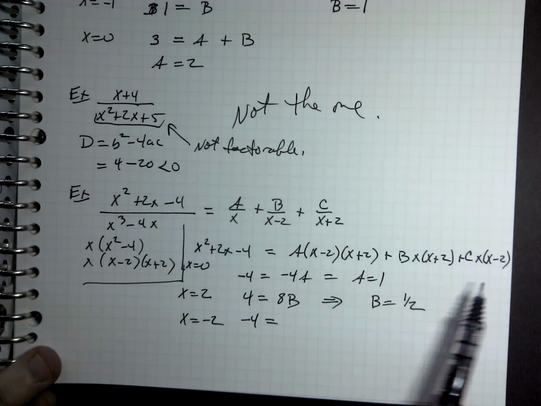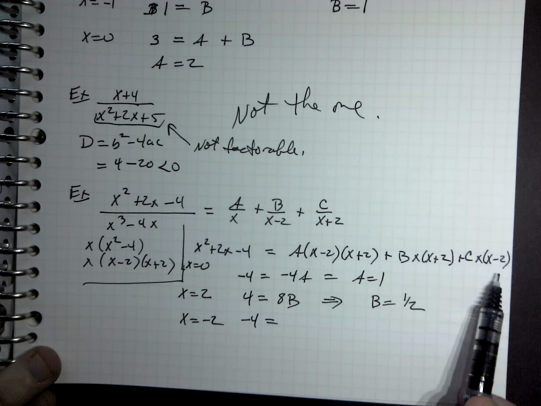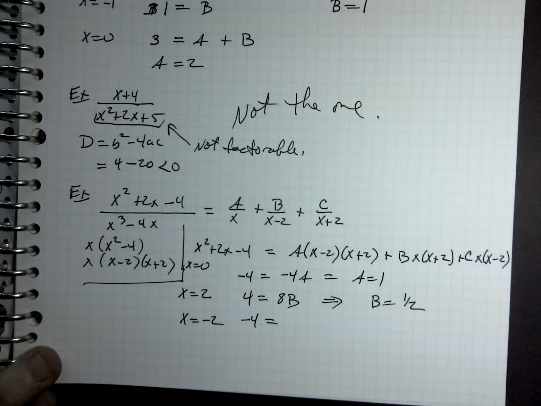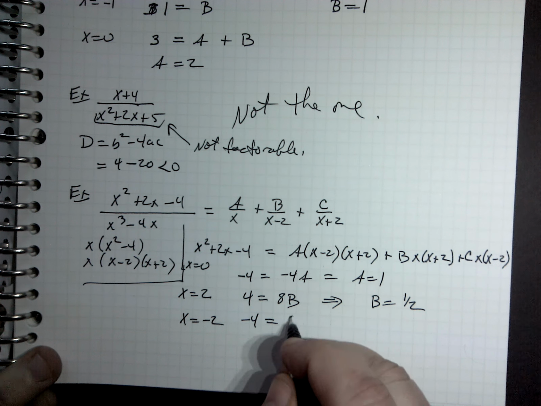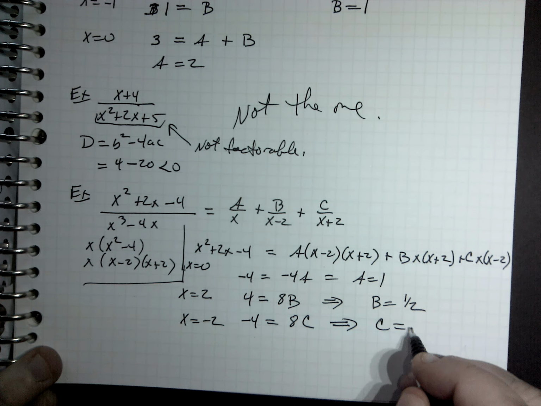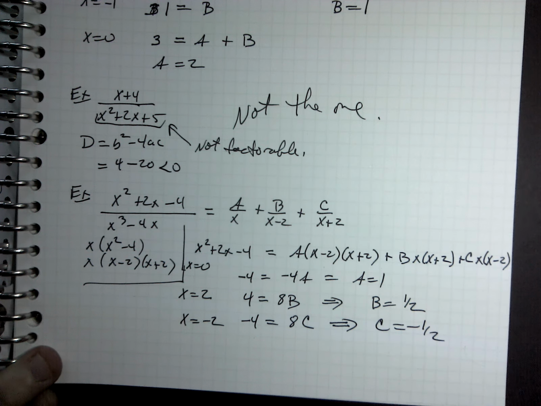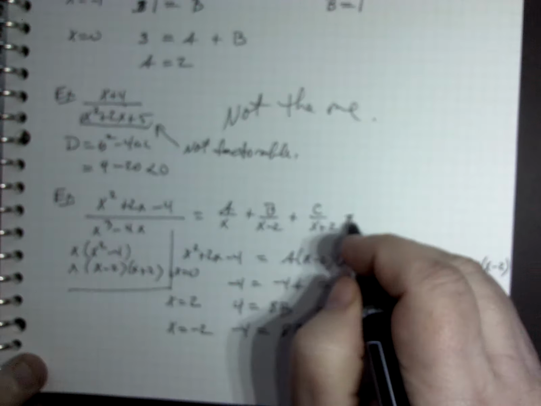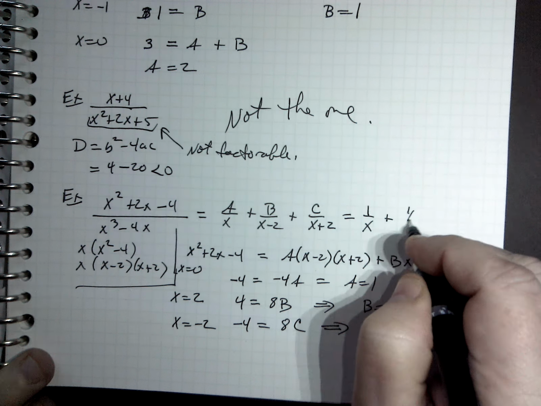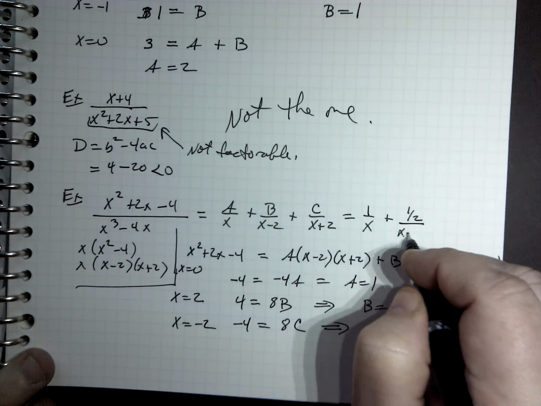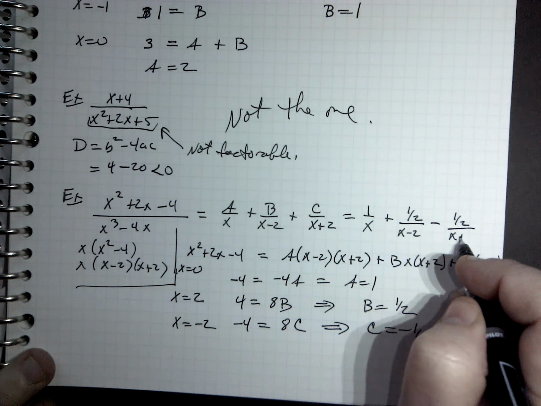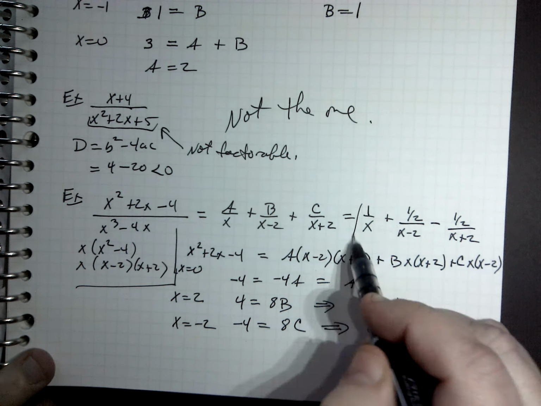On the right, the a is gone, the b is gone, and for the c I have negative 4 times negative 2, which is 8c, which means my c is equal to negative 1/2. So breaking down this fraction, I would have 1 over x plus 1/2 over x minus 2 minus 1/2 over x plus 2. So that's how I break down that fraction.